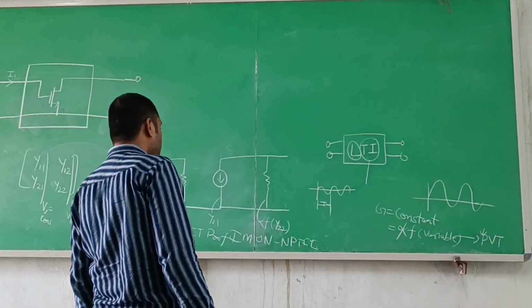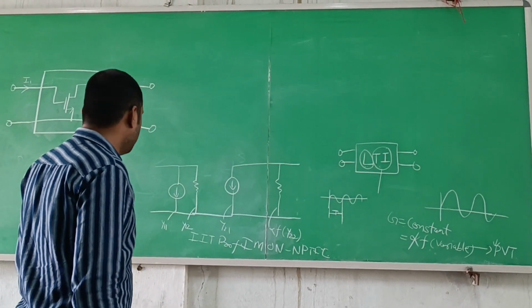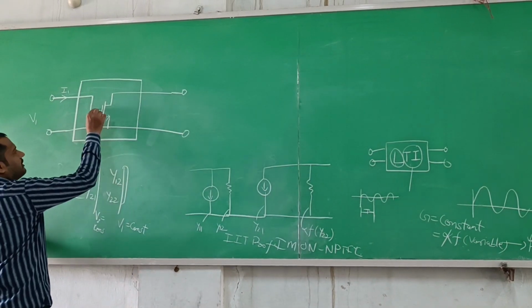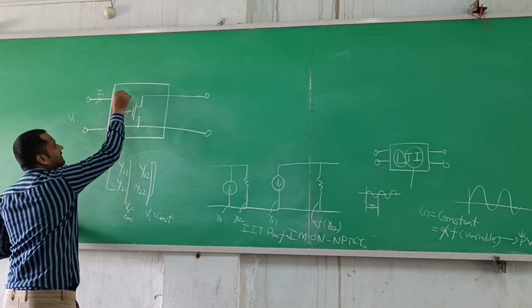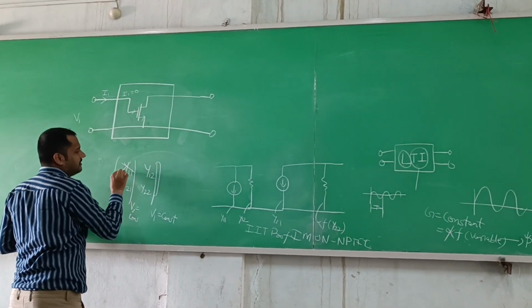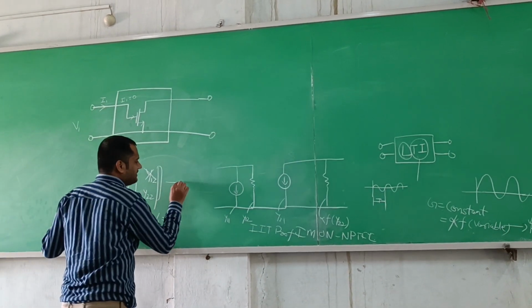So first we study the transistor. The first thing about the MOSFET we already know: its input current is always zero, I1 equal to 0 always. So these parameters are not needed. Okay, this will become 0.